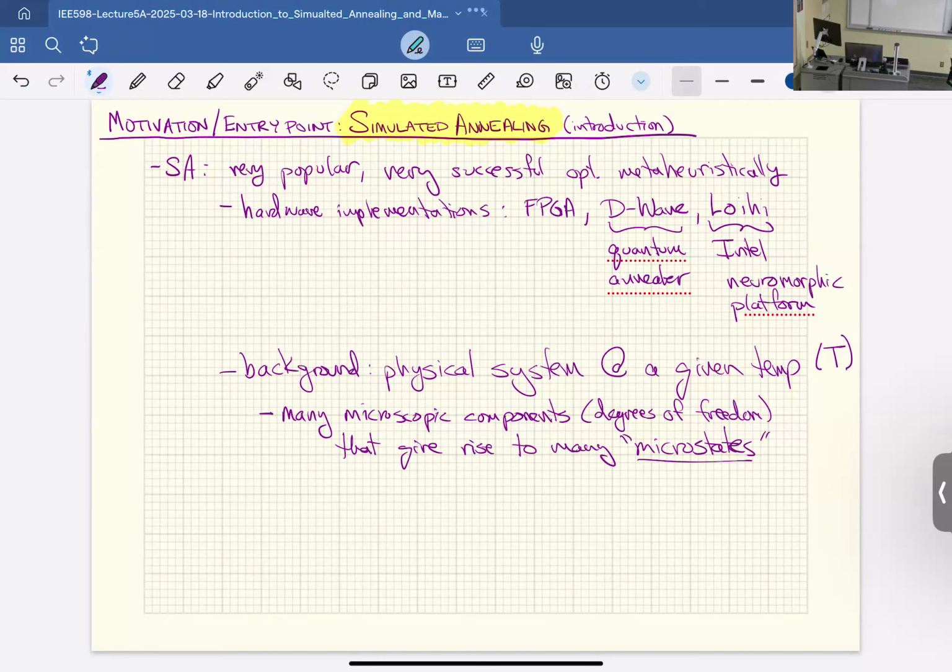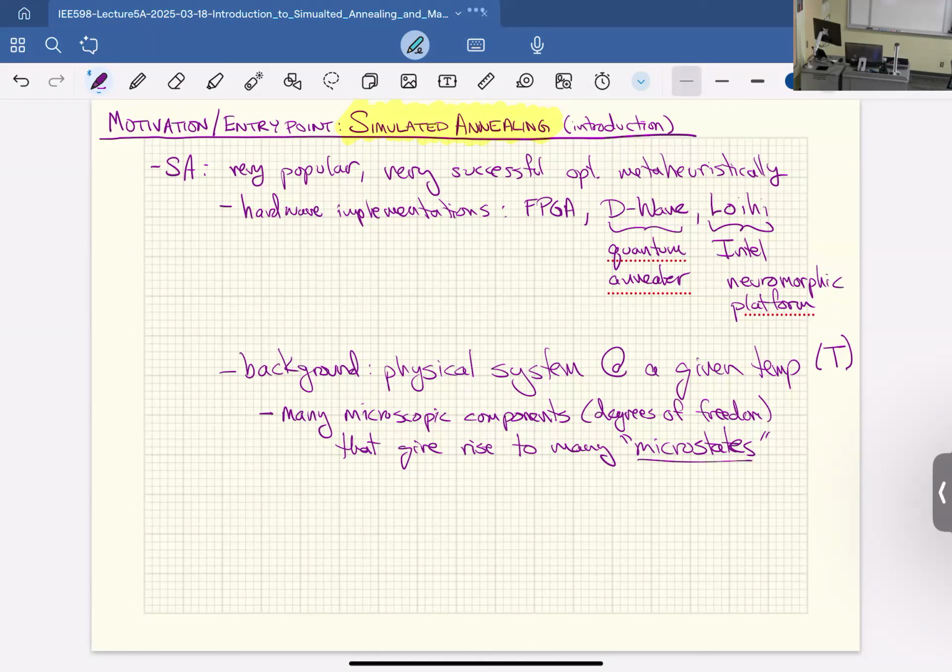What I mean is that the chair is sitting there, but it is made up of a whole bunch of molecules. Some of them are jiggling faster than others. So at any instant in time, there are many Avogadro's number of microscopic elements inside this chair that are all doing their own thing.